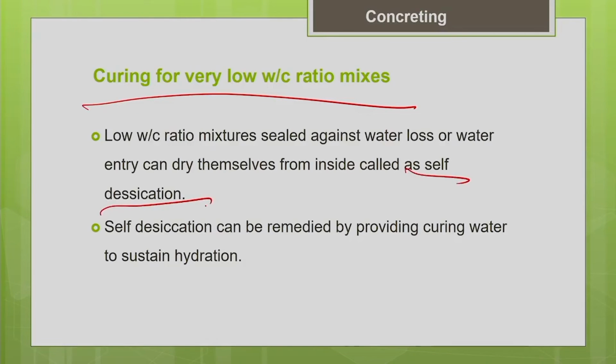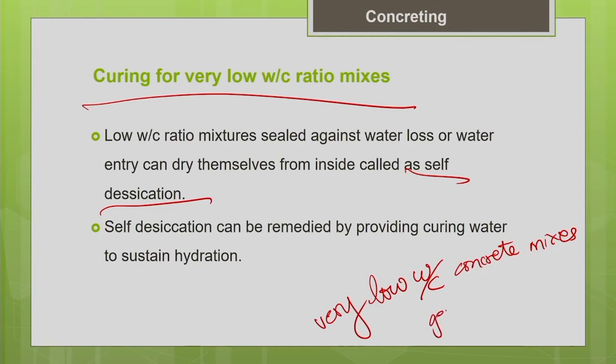Self desiccation in the sense, for very low water to cement ratio concrete mixes, the water from very small gel pores and capillary pores is consumed for the hydration process because of the limited water available.